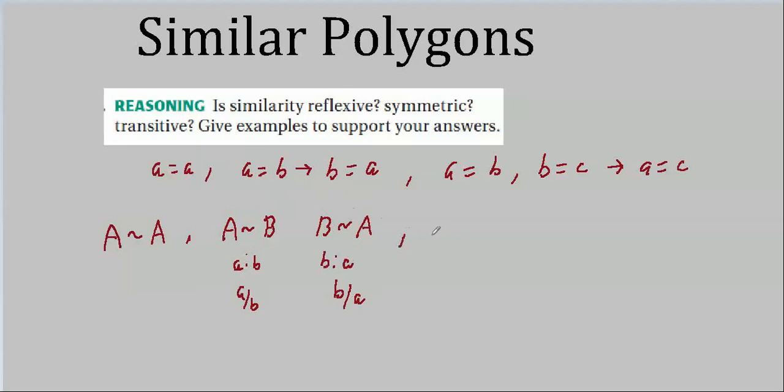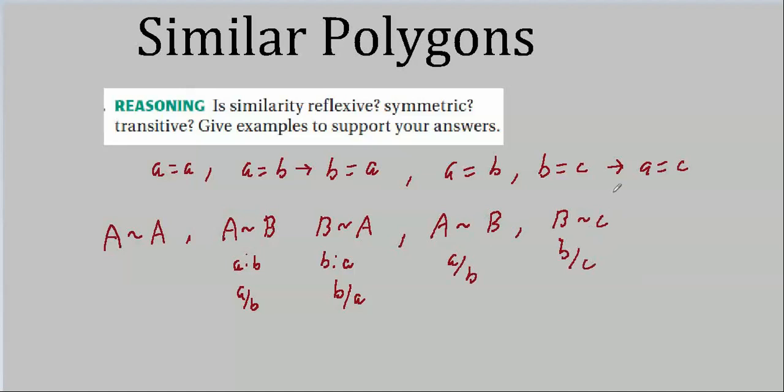What about transitivity? Well, let's try it. Suppose we have A similar to B. Then we have a similarity ratio of A to B. And if B is similar to C, let's say we have another similarity ratio of B over C. Is A similar to C? Definitely.